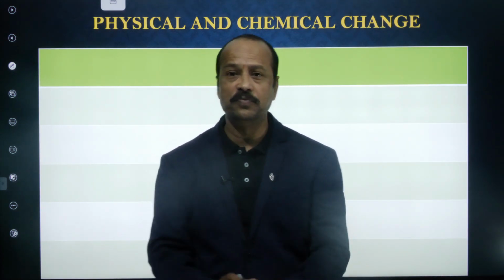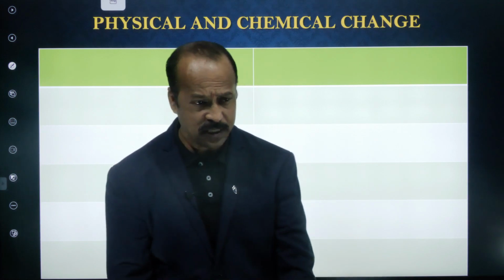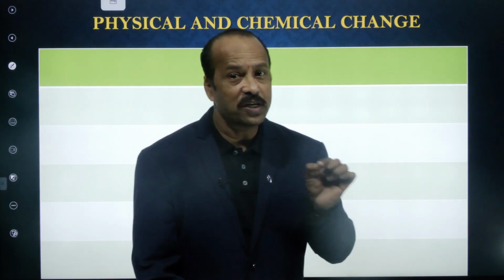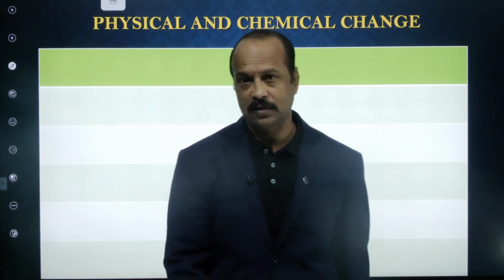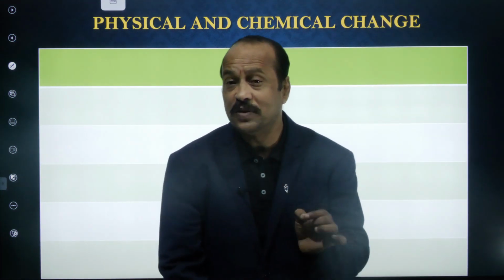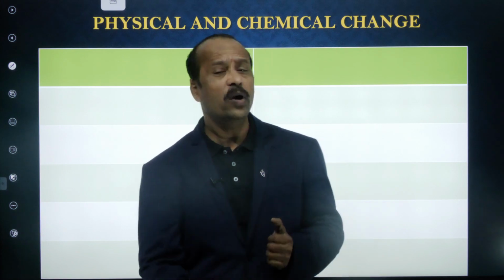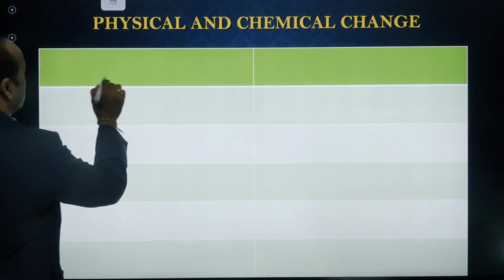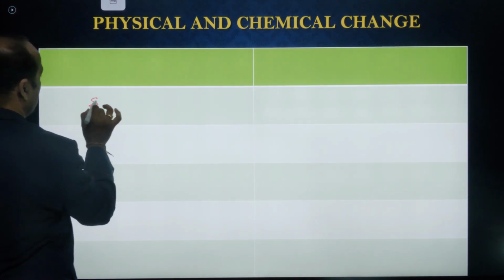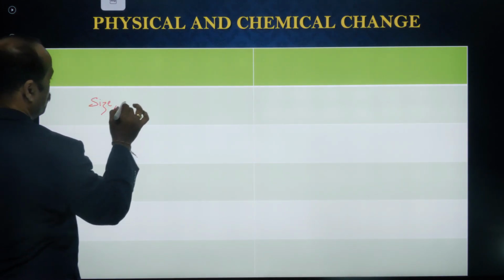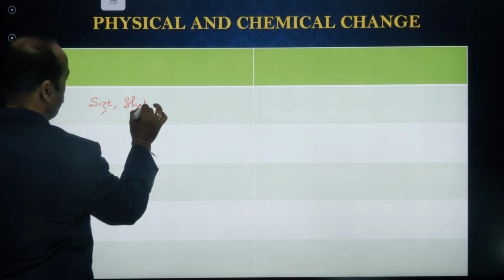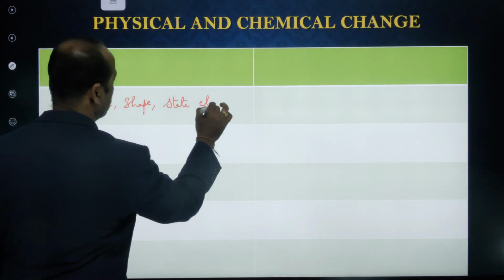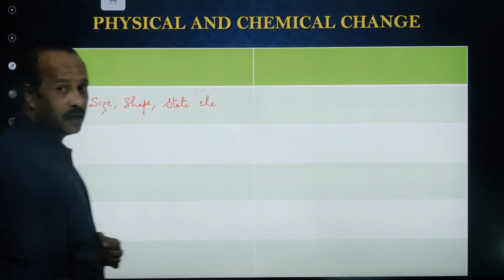So students, what is a physical change? Physical change means there is a change in the physical properties of matter. What comes under physical properties? Size, shape, state, etc. They come under the physical properties.